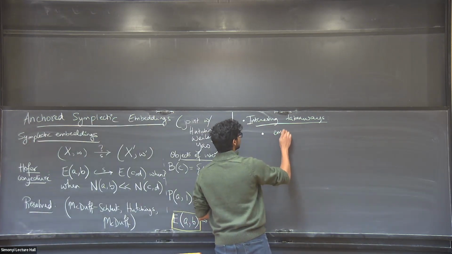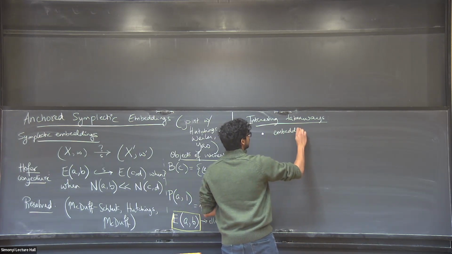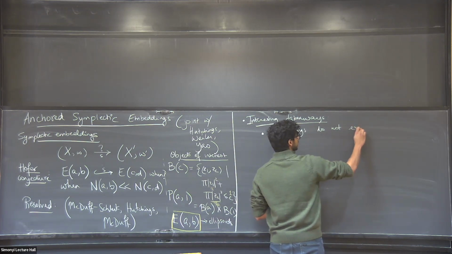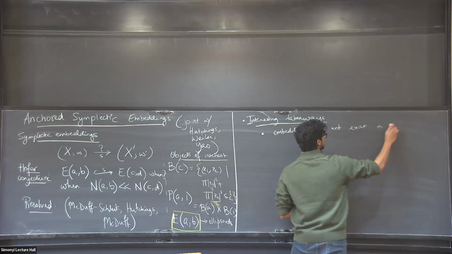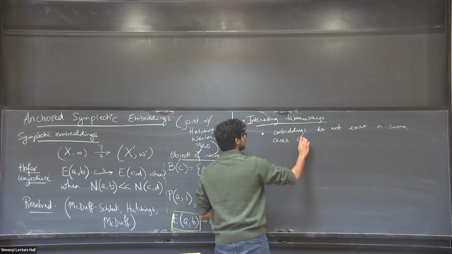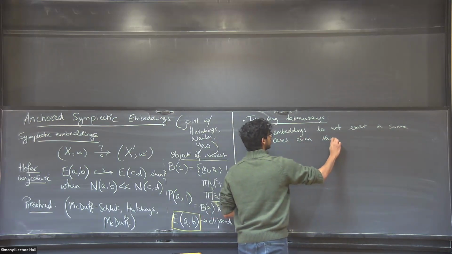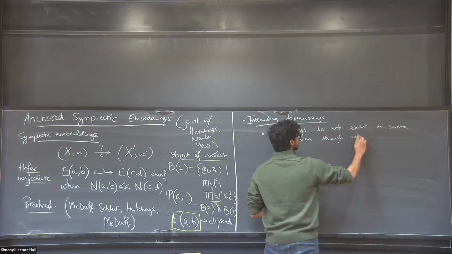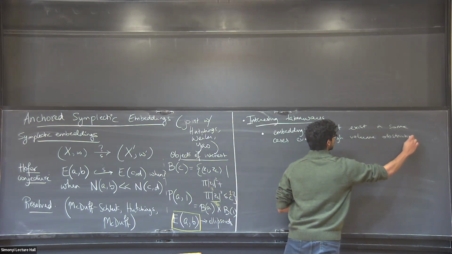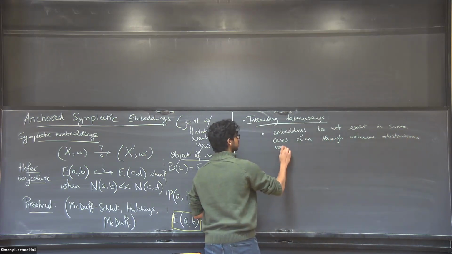So embeddings do not exist in some cases, even though volume obstructions vanish.